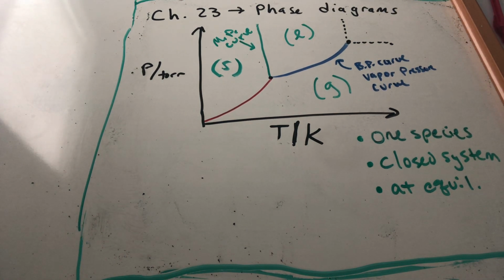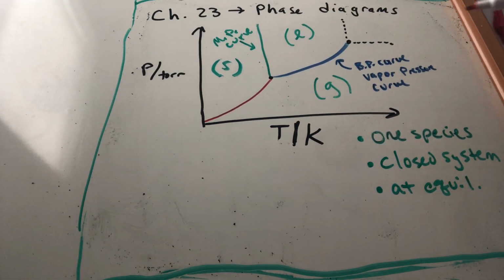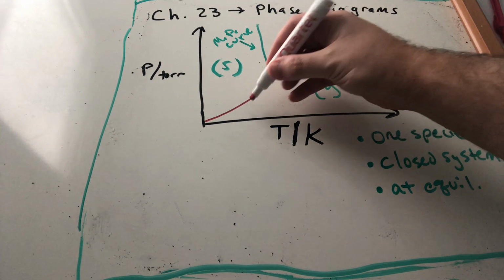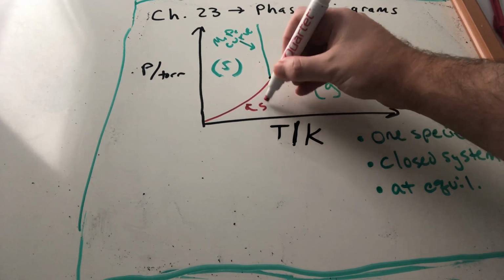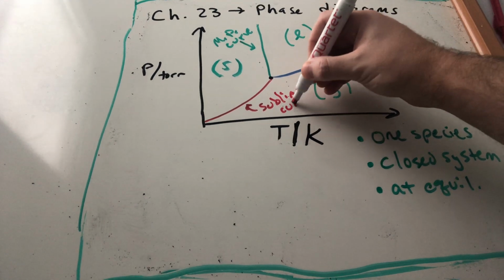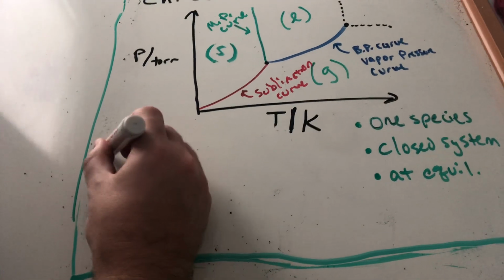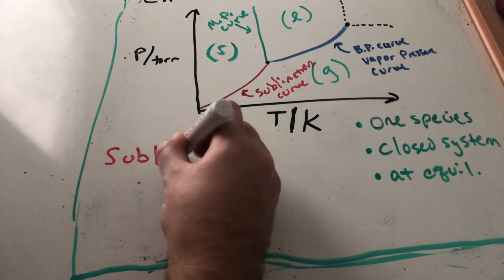This down here, this red curve, is where solid and gas coexist. Now this we're going to label as our sublimation curve. I'm going to spell sublimation down here more clearly.